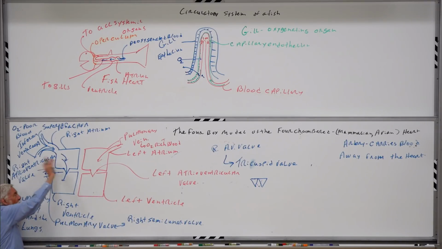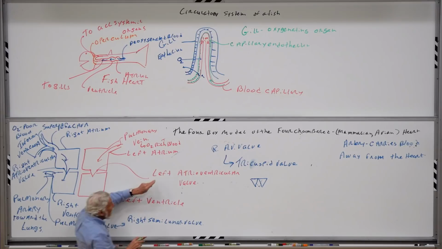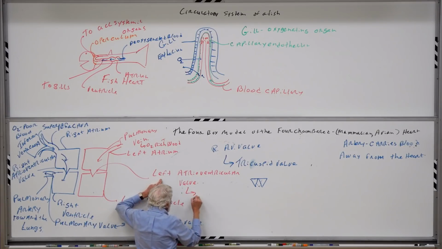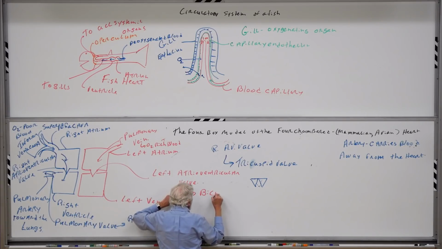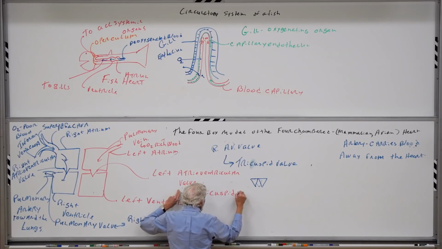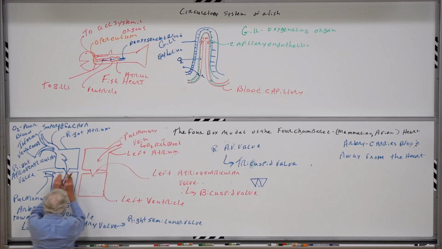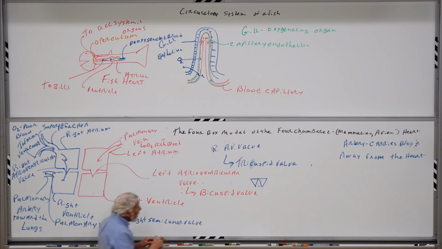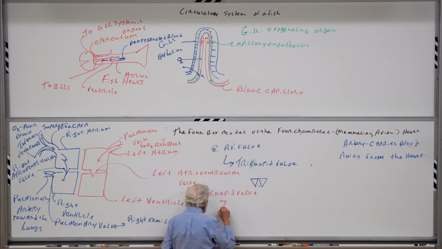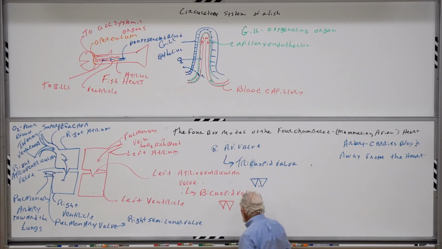Just as the right atrioventricular valve had an alternate name, this too has an alternate name. It gets even more arcane. The left atrioventricular valve is said to be the bicuspid valve. Just as the term tricuspid said that there were 3 leaves, the bicuspid valve has 2 leaves. The other name for the bicuspid valve is the mitral valve.